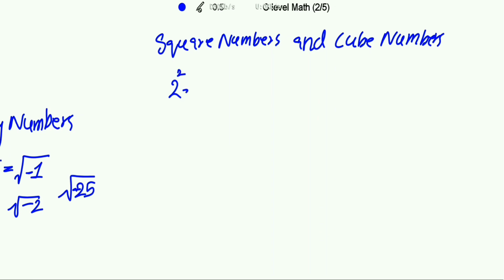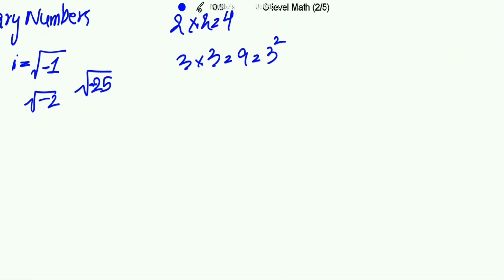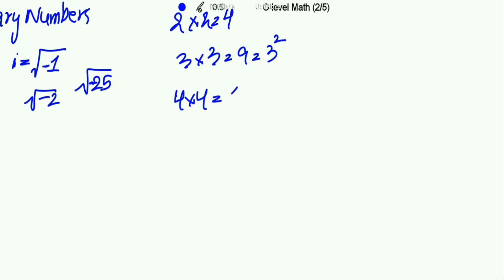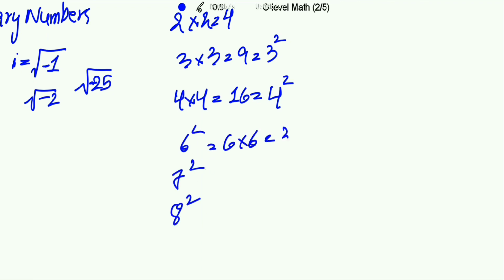We square it, and it gives 4, which means 2 multiplied by 2 equals 4. 3 multiplied by 3 equals 9, which you can write as 3 to the power 2. 4 multiplied by 4 equals 16, which you can write as 4 to the power 2. 6 multiplied by 6 is 36. 7 multiplied by 7 is 49. 8 multiplied by 8 is 64. So these are square numbers.